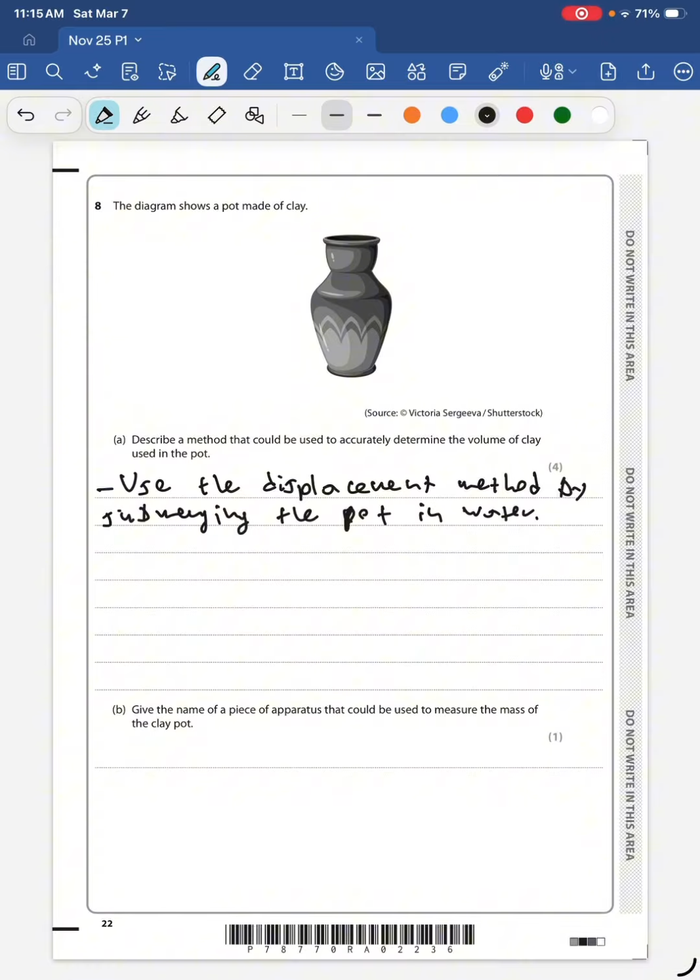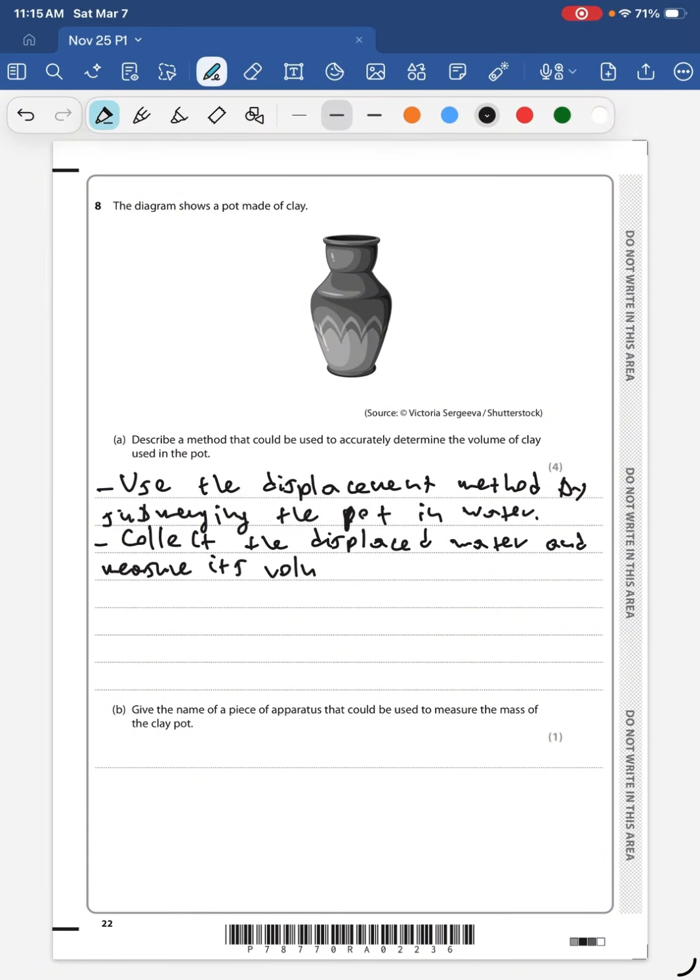Collect the displaced water and measure its volume using a measuring cylinder.